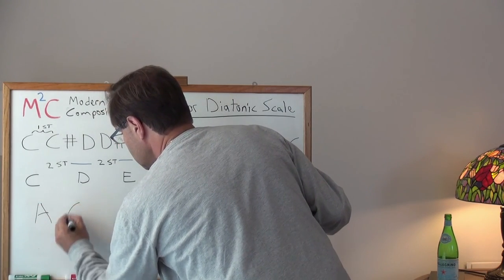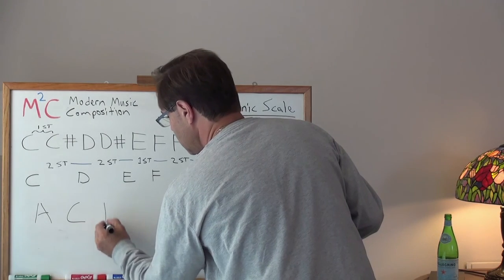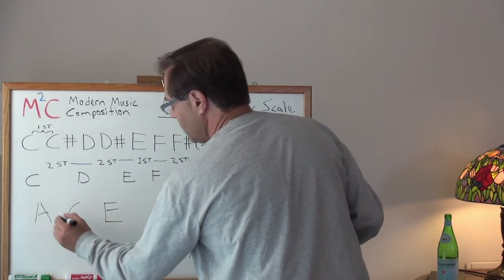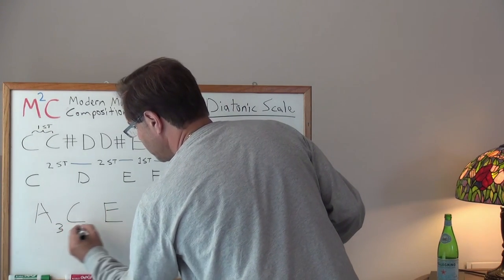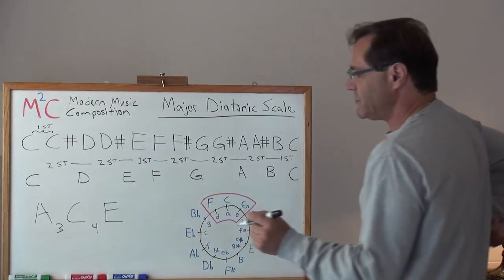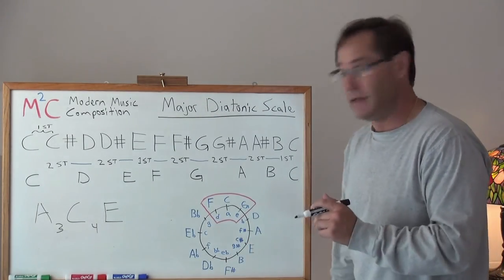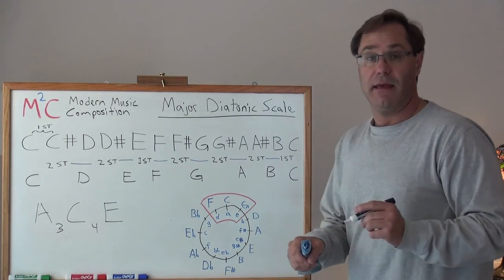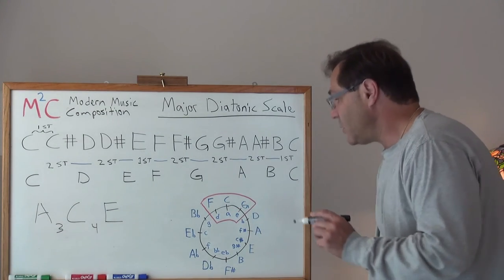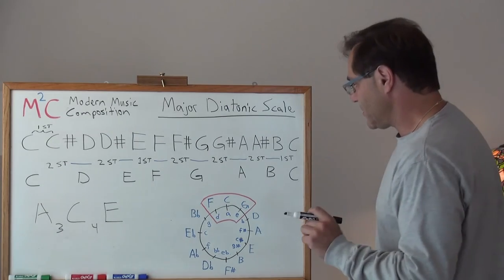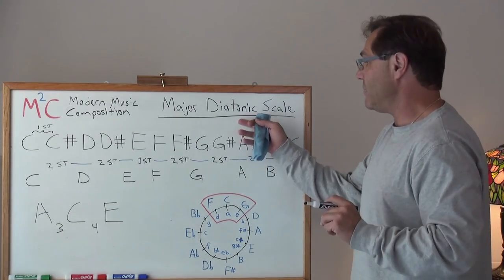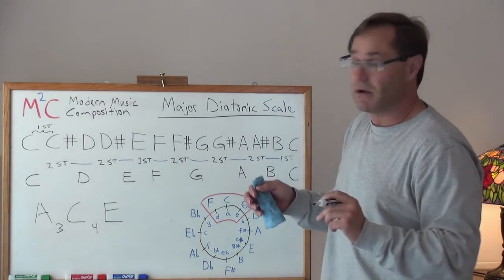A, C, E. Well, that's minor. There's 3 semitones between A and C and 4 semitones between C and E. Look, A minor. So this is what's cool about the circle of fifths and what's very interesting about the major diatonic scale.